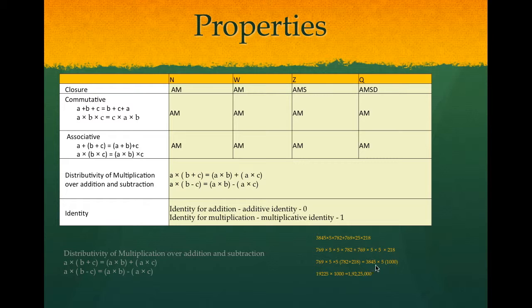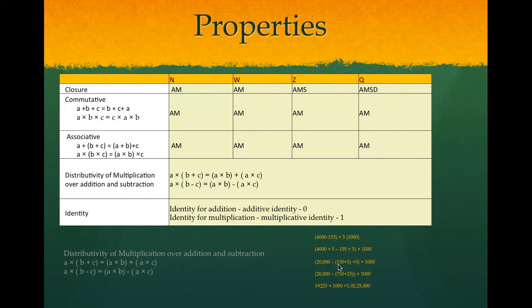Alternatively, we could have again broken down this as 4000 minus 155, right? So now using the multiplication over subtraction, 5 into 4000 minus 5 into 155, right? Now this 5 into 4000 will be 20,000. Again 155 can be broken down as 150 plus 5. Now here we'll use multiplication over addition.